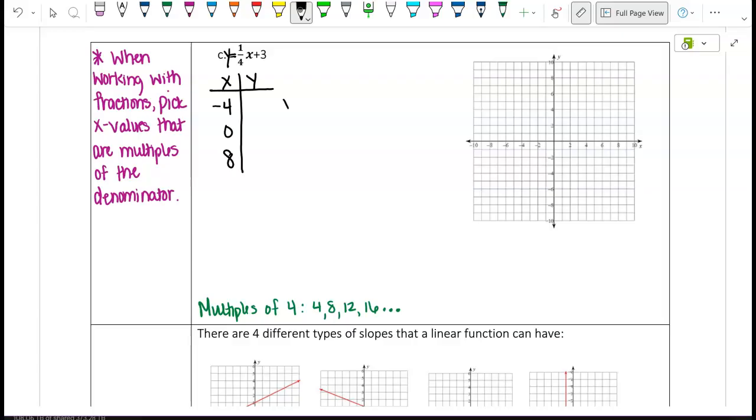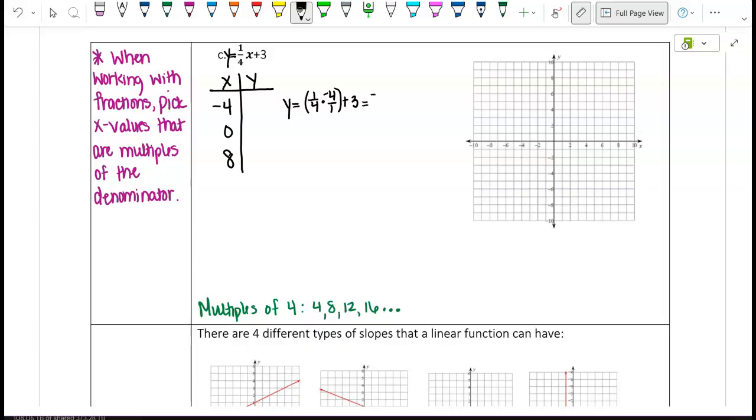So the first one, y equals, and I'm going to put the multiplication in parentheses, 1/4 times, and I can take any whole number and make it a fraction by putting it over 1, -4 over 1 in my parentheses, and then plus 3. When I'm multiplying fractions, I'm just multiplying straight across, numerator to numerator, denominator to denominator.